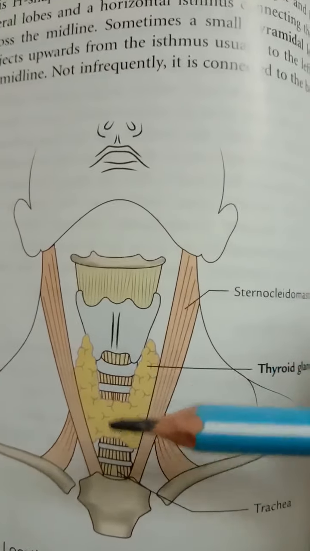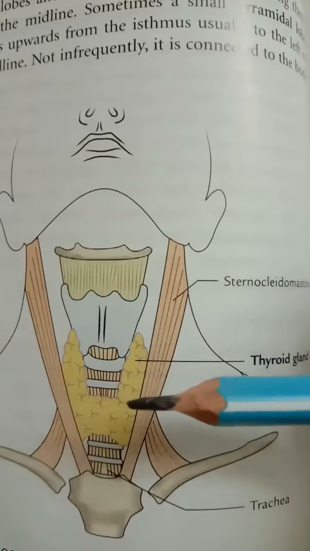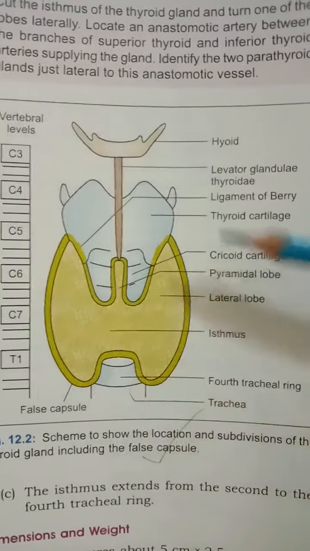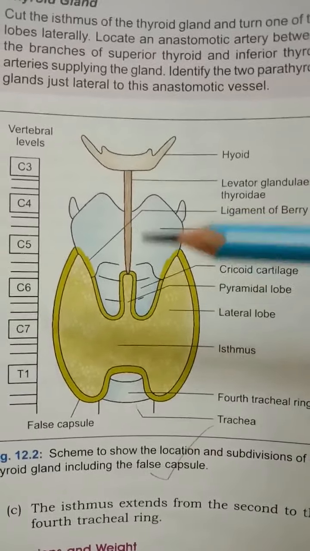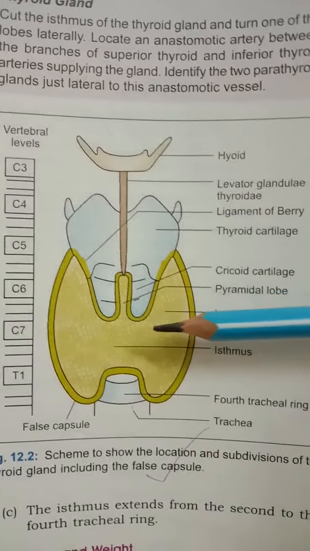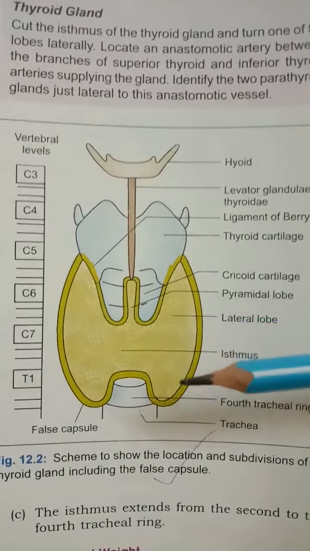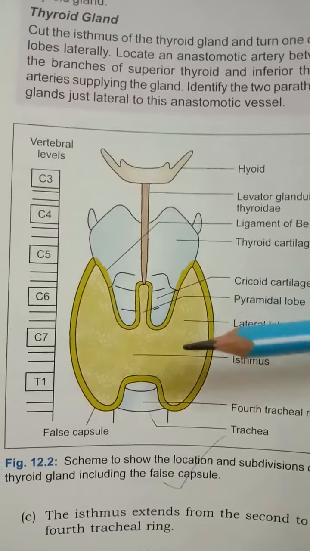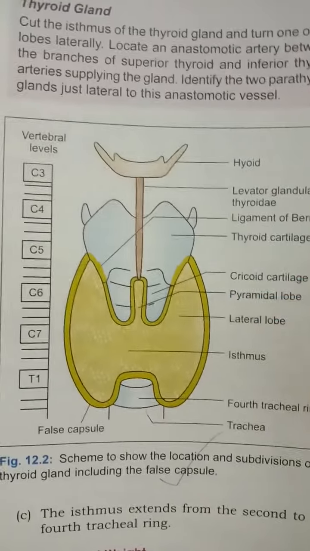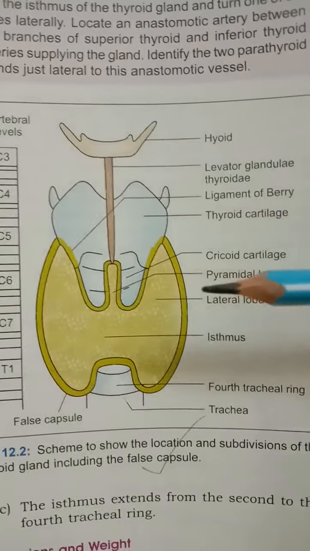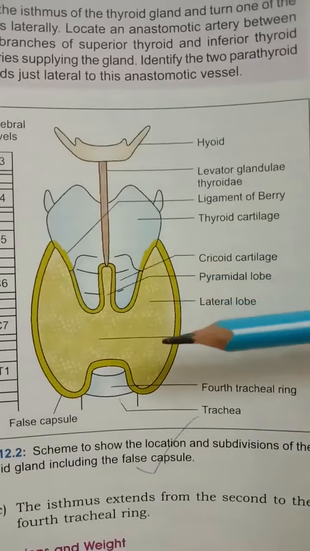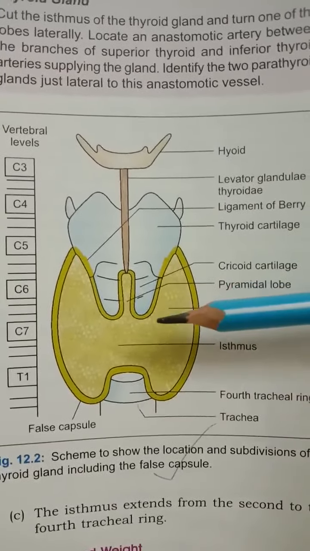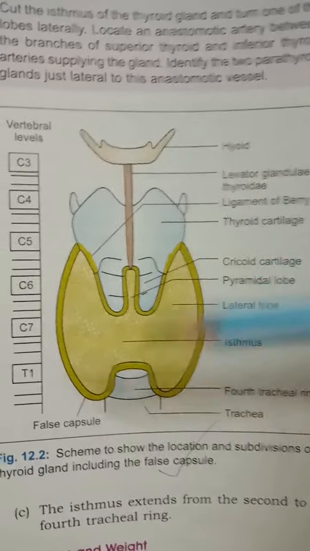Then let's see the special features related to the thyroid gland. The thyroid gland is the only endocrine gland which is located superficially in the body, and hence it is accessible for physical examination. Second, it is the only endocrine gland that depends on the external environment for raw material, that is iodine, to synthesize its hormone.